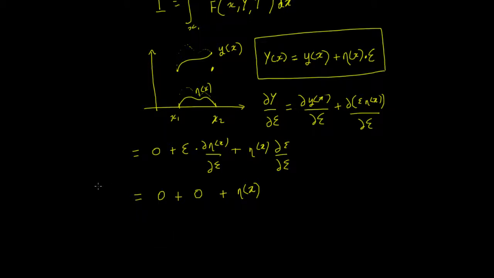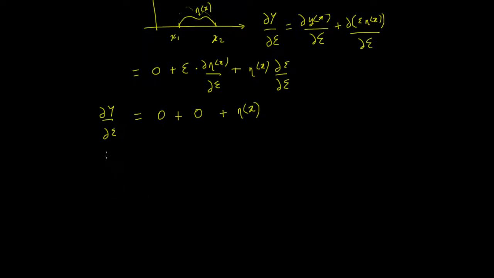So partial Y by partial epsilon equals eta x, and if we were to define also partial Y derivative by partial epsilon, by the same argument, putting in all the same values other than its Y derivative, we would work through the same route and we would get eta derivative of x.